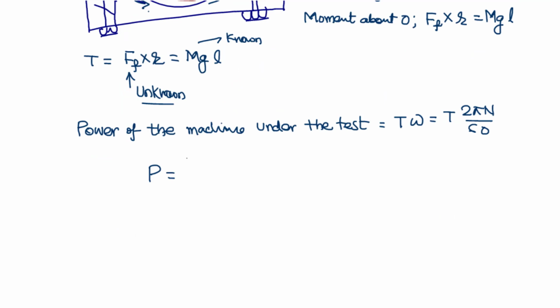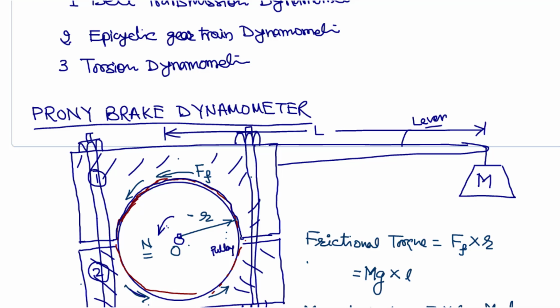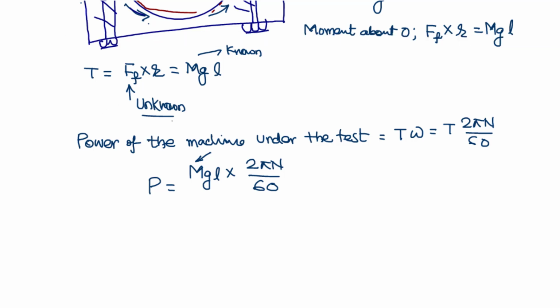P equal to T into omega, where T equal to mgL into 2 pi n by 60. So this is the power, m is the weight at the end of lever, g is 9.81, L is the distance between center to weight attached, multiplied by 2 pi n divided by 60.